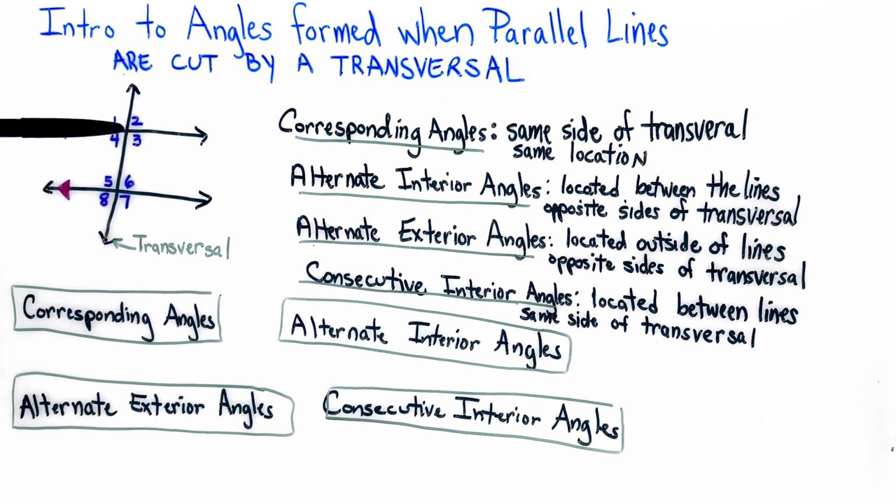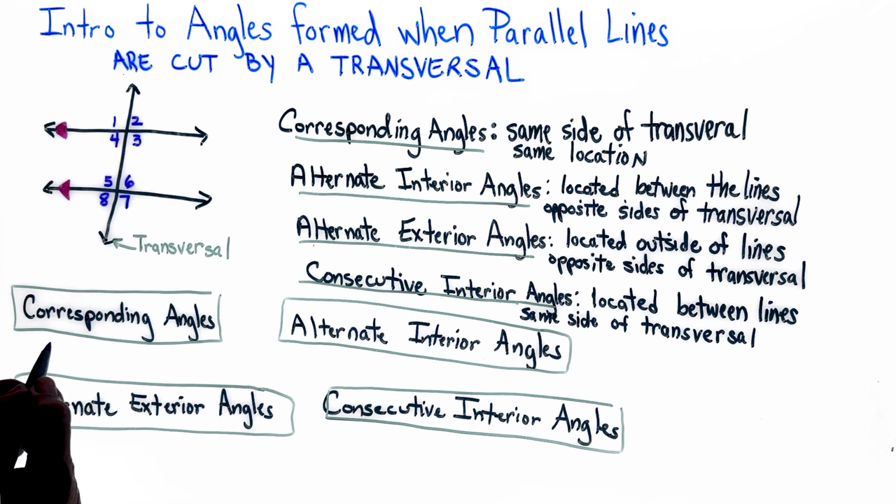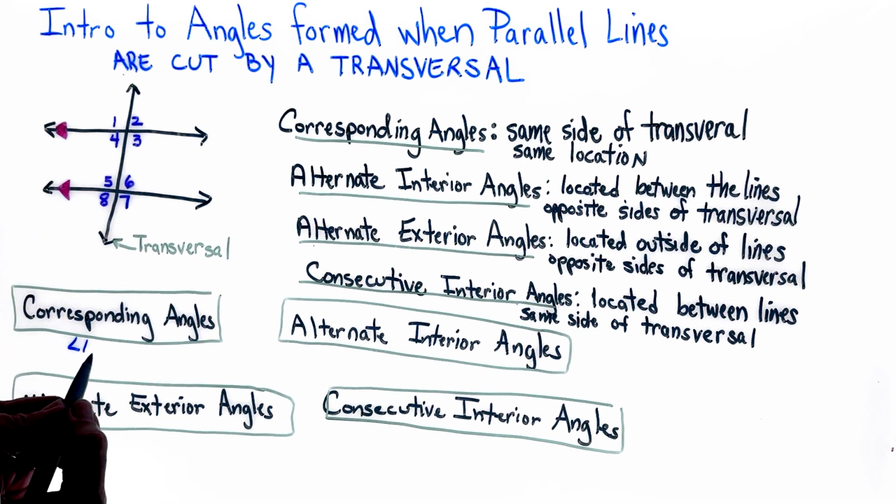But they have to be in the same location. So I can see that my angle 2 sits on the line and my angle 6 sits on the parallel line. And since these lines are parallel, they are congruent or equal.